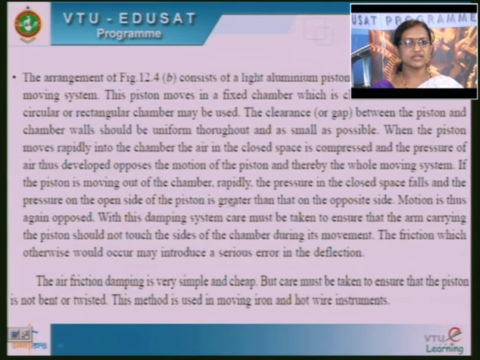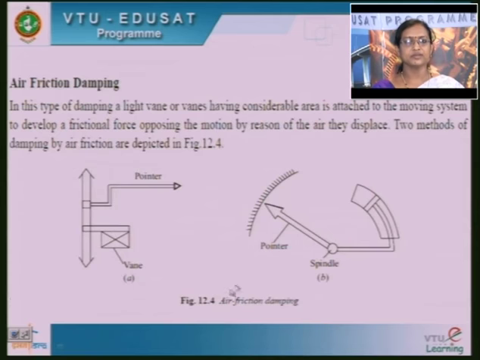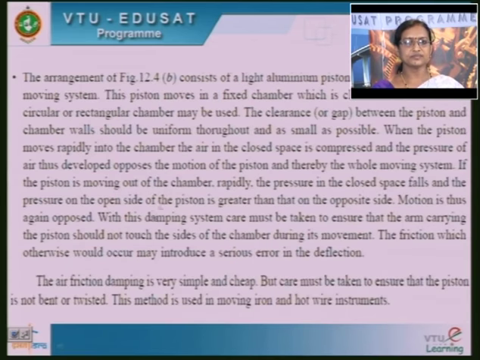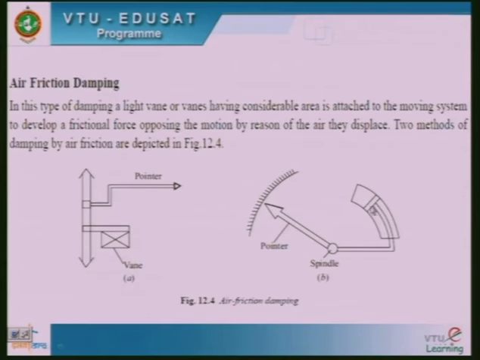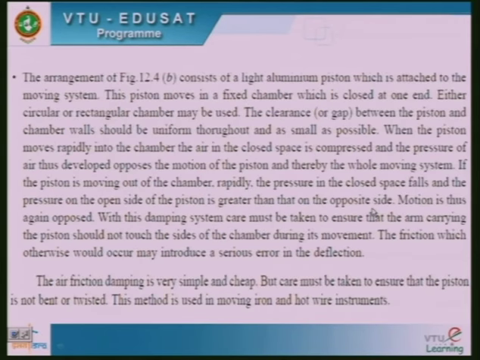And then the second setup, how exactly does it work? It consists of a light aluminum piston which is attached to the moving system. The piston moves in a fixed chamber which is closed at one end. Either a circular or rectangular chamber may be used. The clearance between the piston and the chamber walls should be uniform throughout and as small as possible.